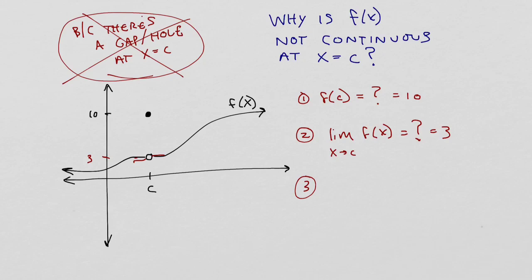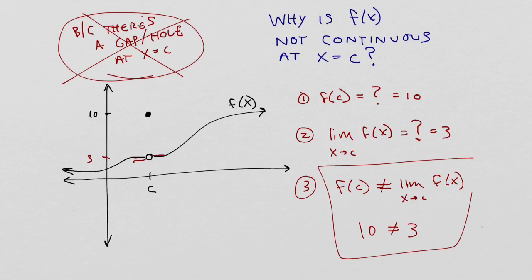And it is condition 3 of our definition that the problem occurs in. f of c is not the same as the limit as x approaches c. These are not equivalent, and we can show that 10 does not equal 3. It's because of this condition that the function is not continuous when x is equal to c.